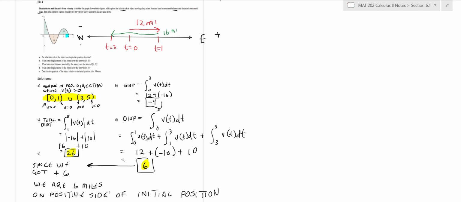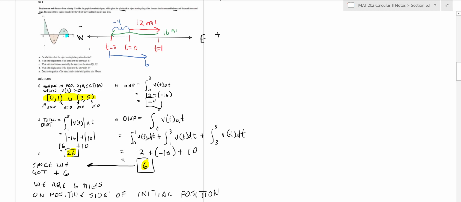Then the last thing you do is you go 10 to the right. Okay, so see right now, if you were 12 to the right, 16 to the left, this little piece right here ends up being a displacement of negative 4. So now you go 10. So if you go 10 past negative 4, you end up at 6.